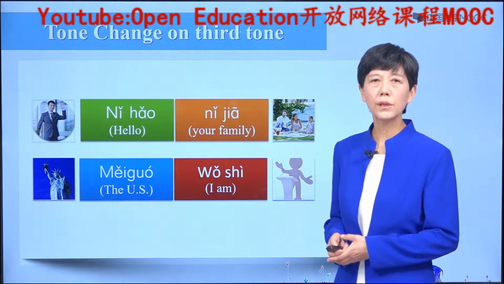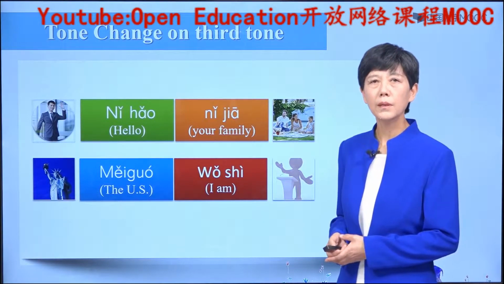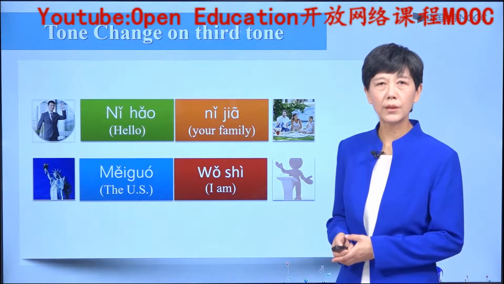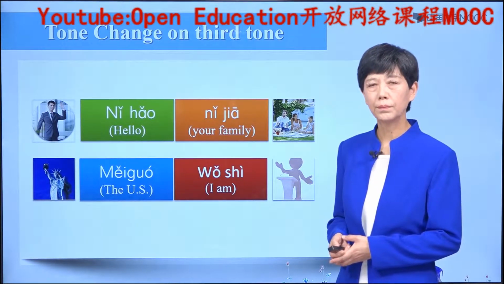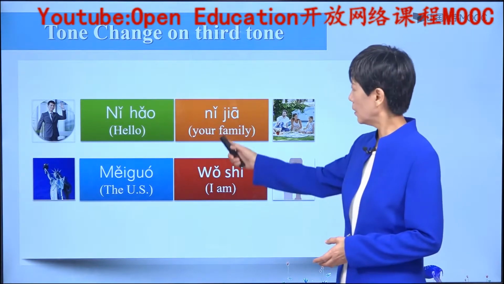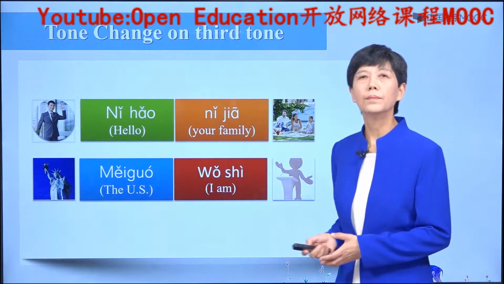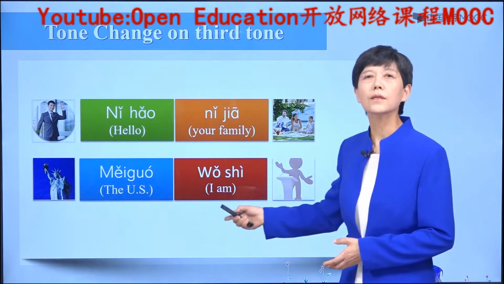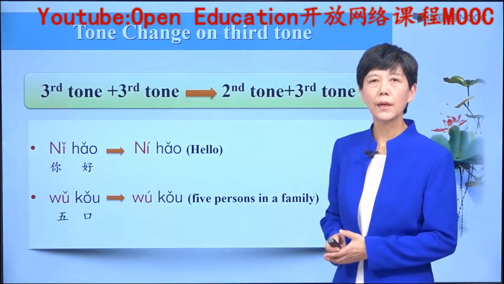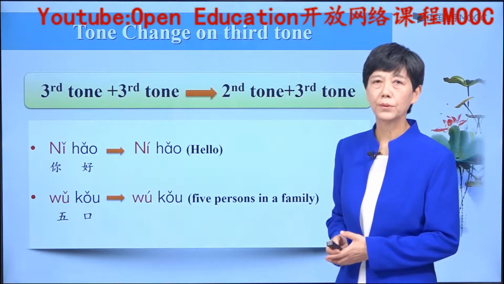Now we are going to see some change on the 3rd tone. Please listen to me and try to find out how the tone changes on the 3rd tone. 你好，你家，美国，我是。Let us take 你好 and 五口 as examples.